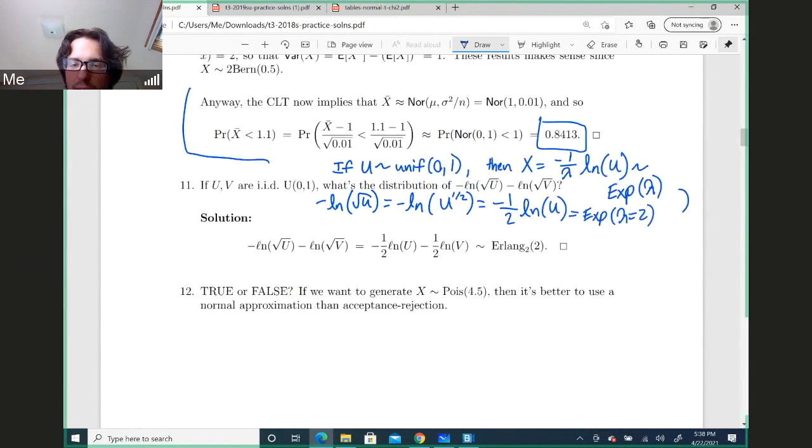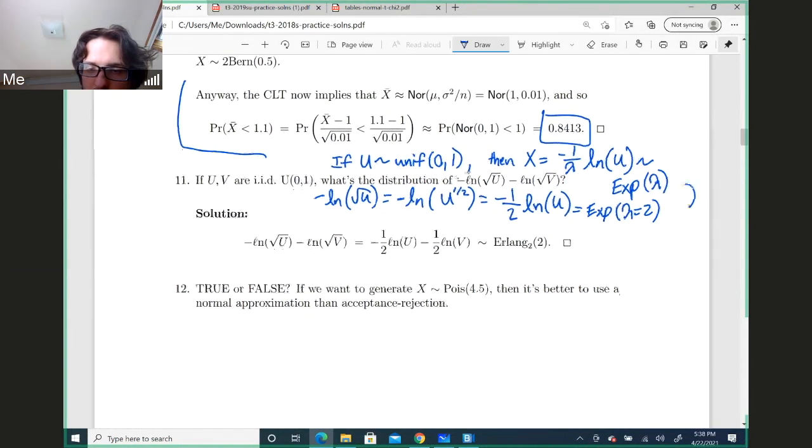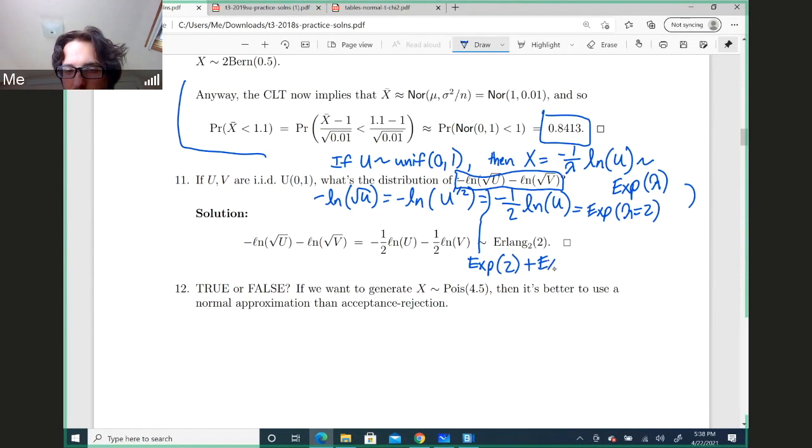And likewise, this minus natural log of square root of V is the exact same. So overall, this whole thing is equal to the sum of two exponential random variables. So we have an exponential 2 plus another exponential 2, and we know that that is equal to an Erlang 2 of 2, like that.